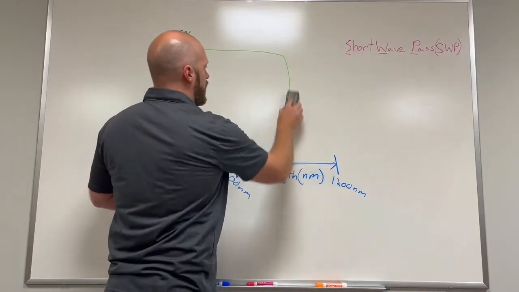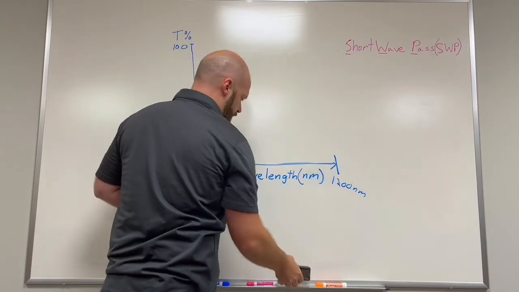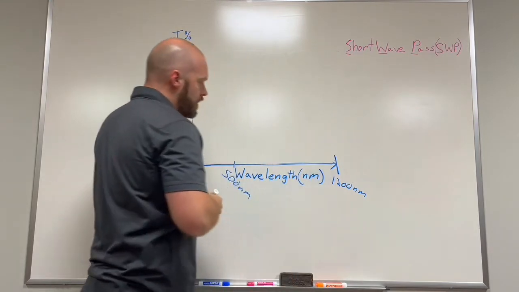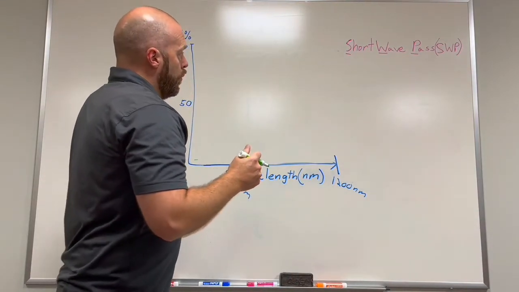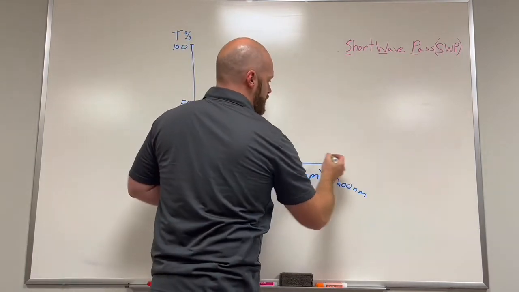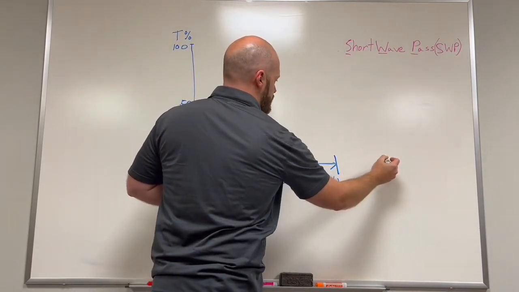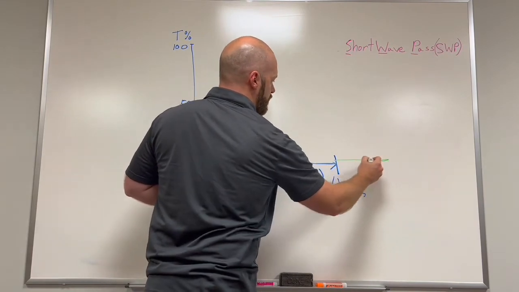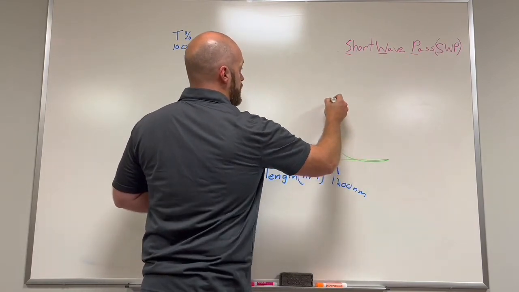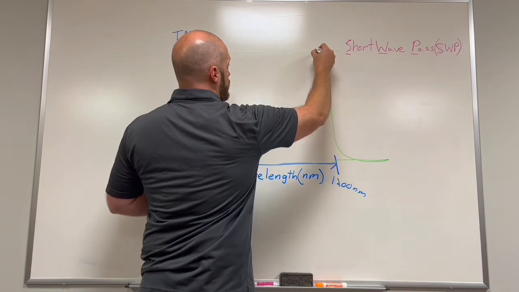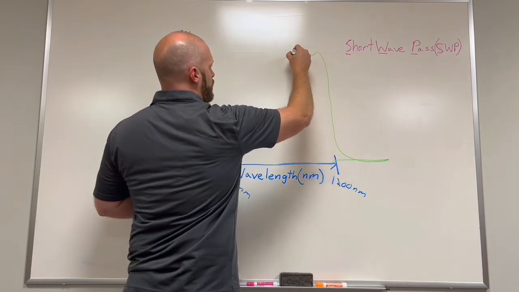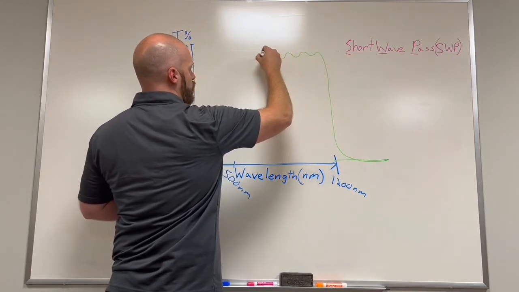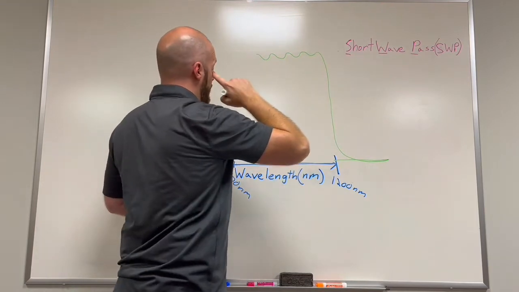Now, there's another aspect you should know about short wave passes. When you're applying coating out here in this region, let's say you come up at 1200 nanometers, you're going to have more ripple in a short wave than you are in a long wave pass.